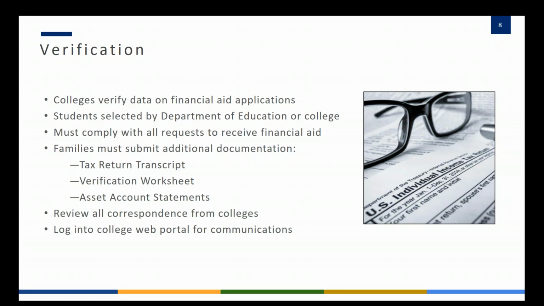The college may be selecting families to verify certain pieces of their application for financial aid, or even the Department of Education may be asking the college to verify certain line items on that FAFSA form, for example. What's really important for families to do is just to make sure that they're up to date and they're complying with these requests.